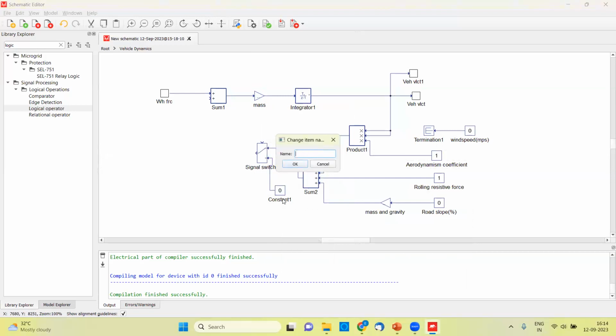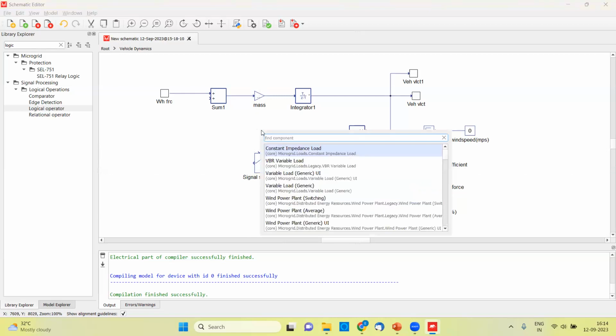This is the resistive static force. So basically this signal switch is determining what is the net force which is generated, and that net force we are going to compare with our tractive force. We are having this resistive force, and then we are going to compare it with the tractive force so that we can determine what is the net force.